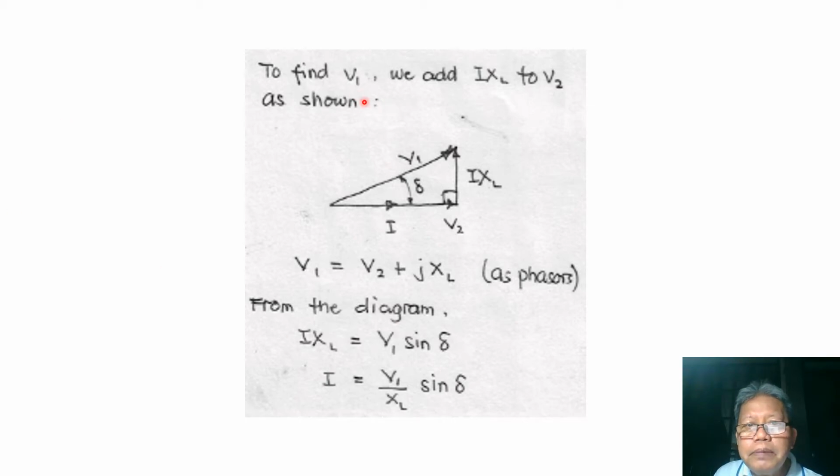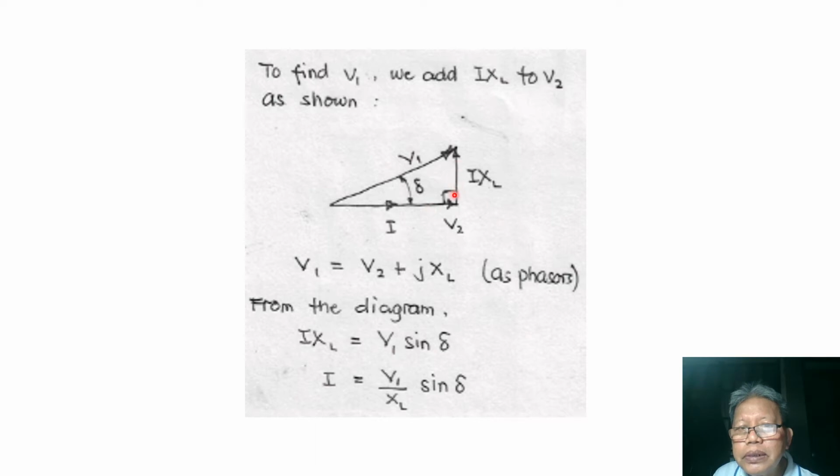Now to find V1, we add IXL to V2 as shown. So this is our reference phasor voltage V2, and then we add the reactance drop along the line, IXL, 90 degrees with respect to the direction of the current.